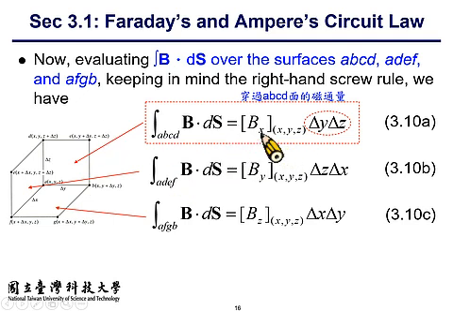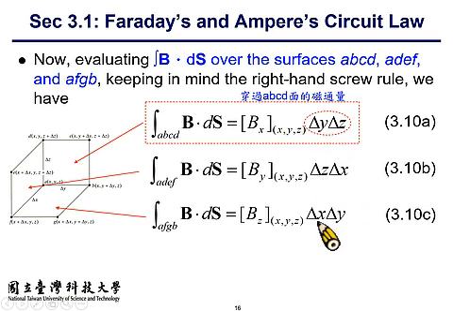So it becomes Bx times delta y delta z. The latter two are the surface area that we are interested in, and the first term, Bx, is the average magnetic flux density in this small region. So you have three expressions which account for the magnetic flux passing through the YZ plane, the XZ plane, and the XY plane.